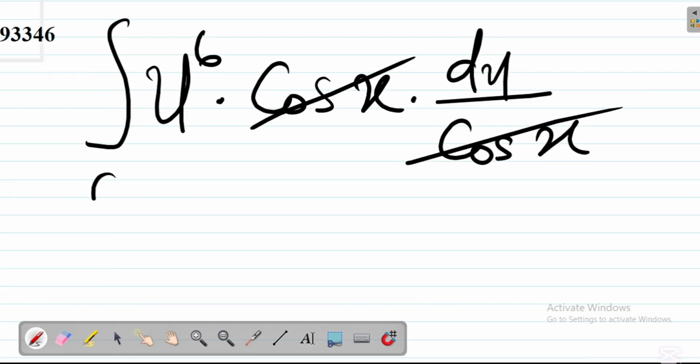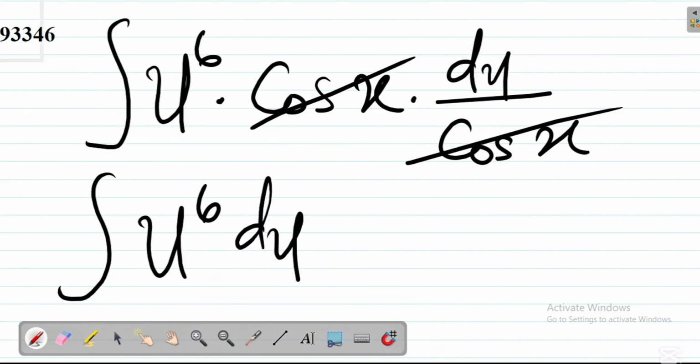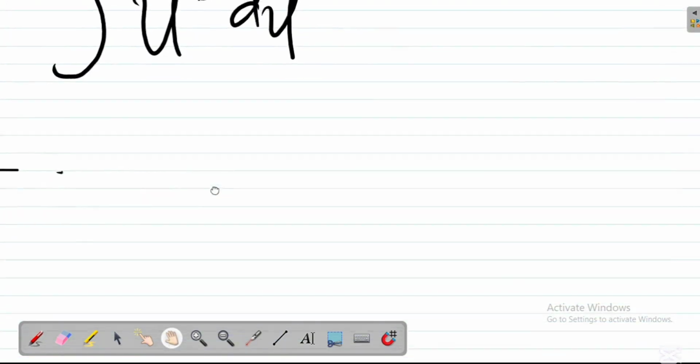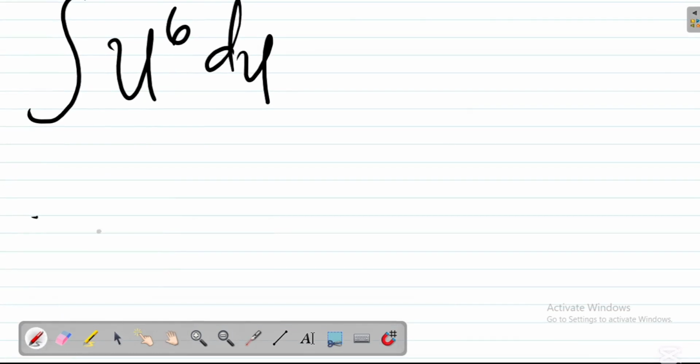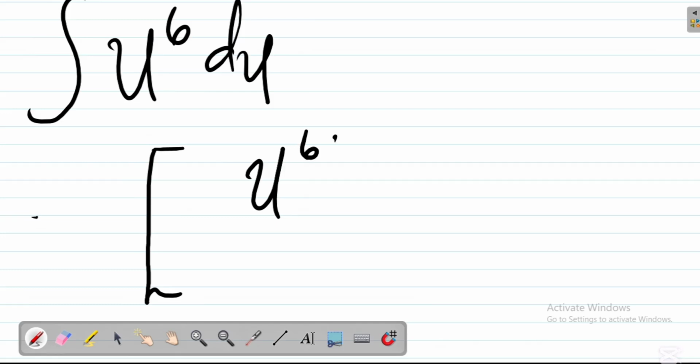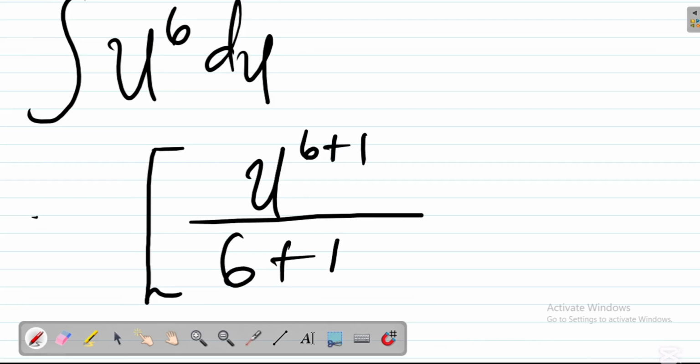We are left with integral of u raised to power 6 and then du. Now if we integrate u raised to power 6 with respect to u, we would have u raised to power 6 plus 1 all over 6 plus 1. Remember, in integration, you add 1 to the power and then divide by the power plus 1.